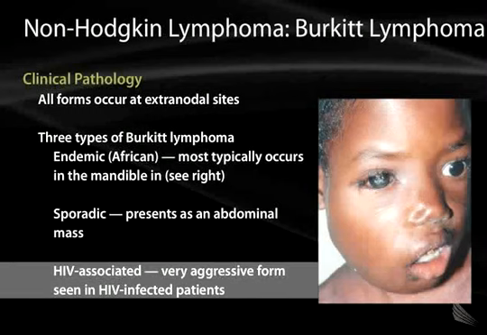The HIV-associated Burkitt's lymphoma is very rapidly progressive and very, very aggressive, seen in the setting of HIV infection, and oftentimes can be partially treated with initiation of highly active antiretroviral therapy. However, treatment of the lymphoma itself is always required.